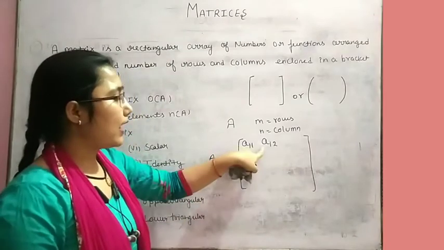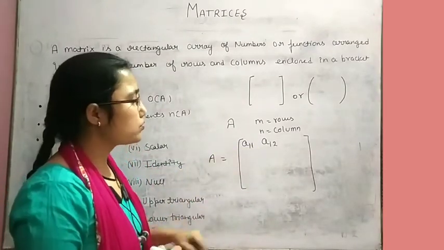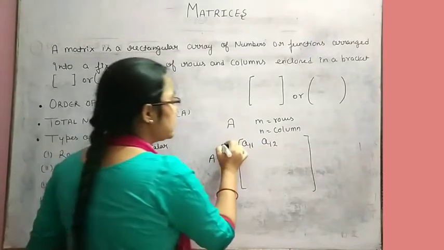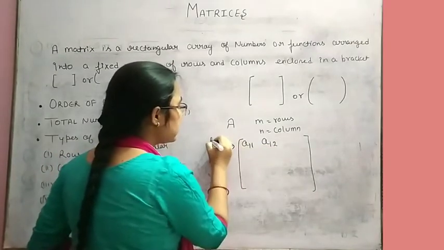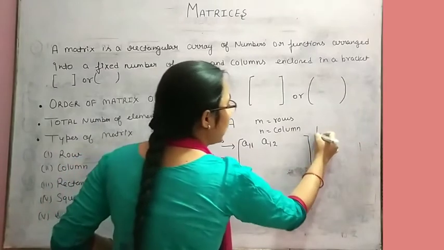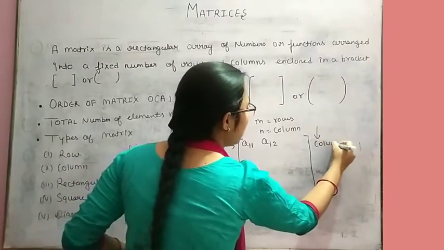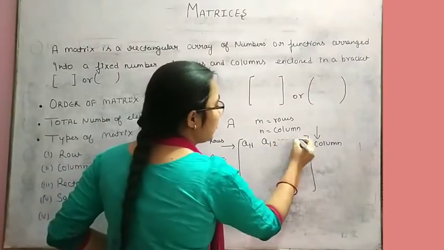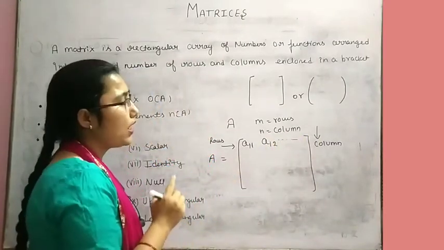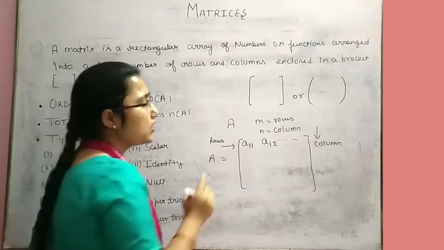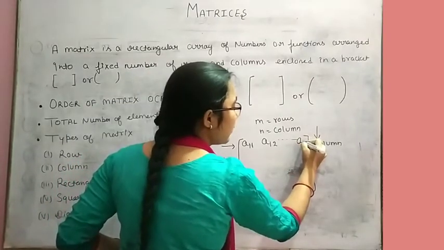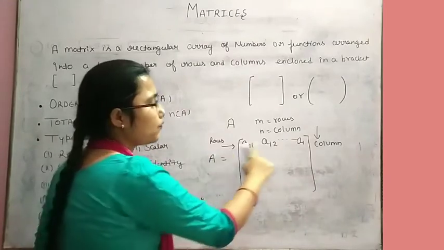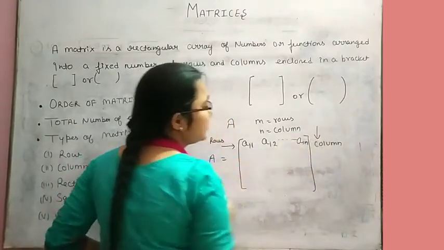That means the element A12 belongs to the first row and second column. The horizontal lines are known as rows and the vertical lines are known as columns. And so on, we have n number of columns. So the last element of the first row is A1n, where the first index represents the row and n represents the column.